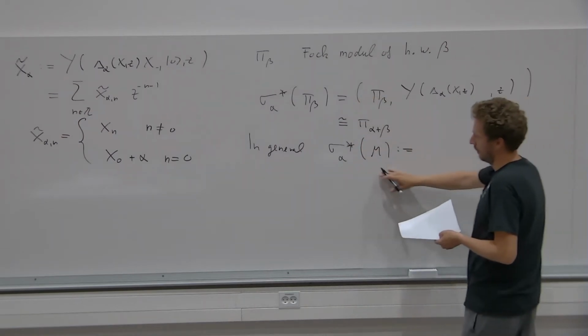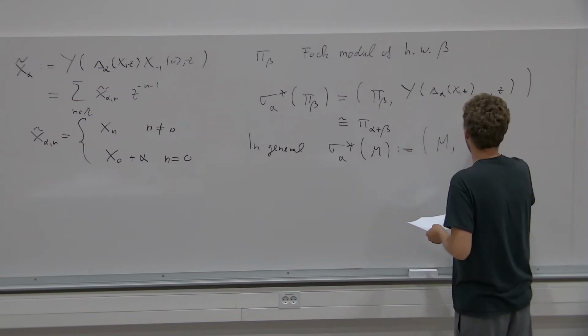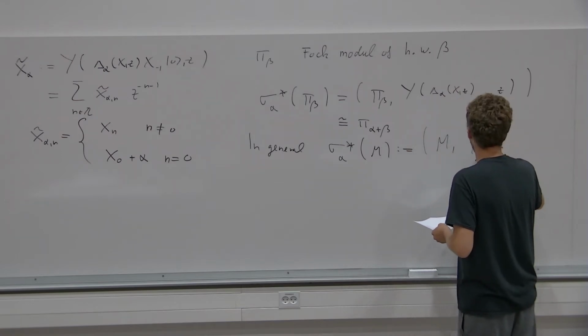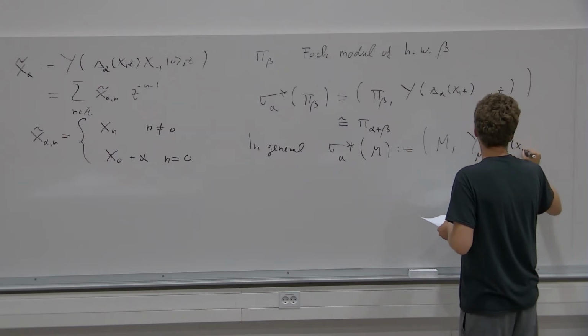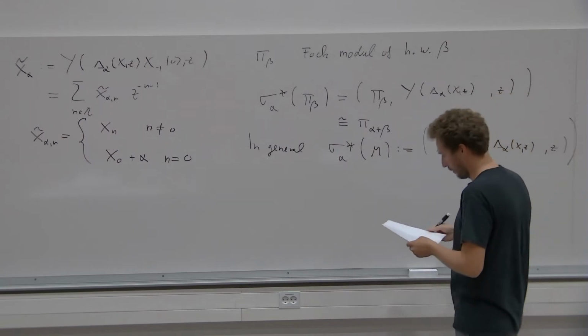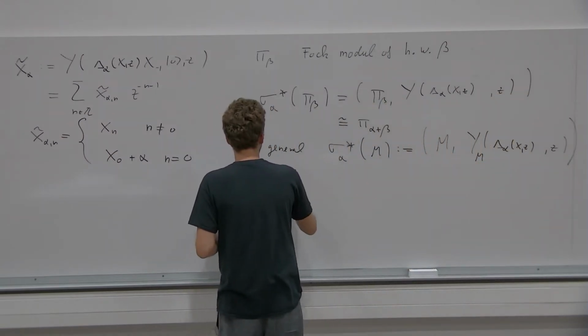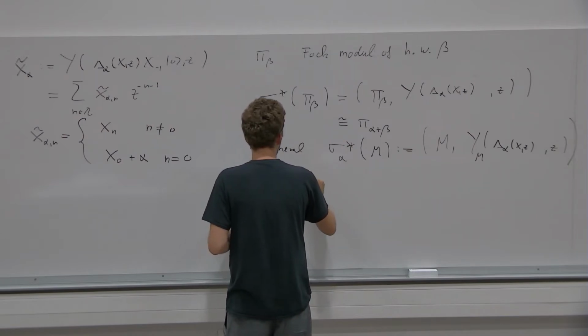It's quicker than this one. Then the twisted module is a V module.